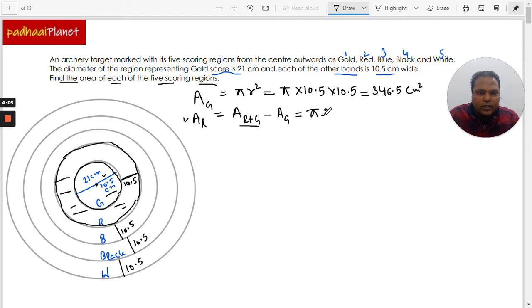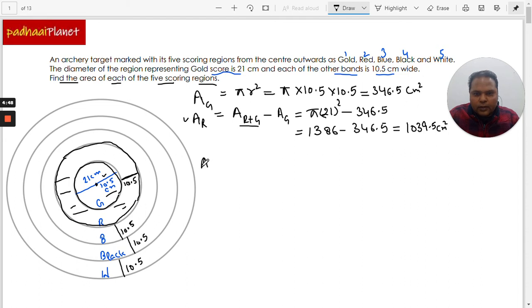So this is 21 whole square, minus the area of the gold, which we have already calculated as 346.5. Further doing the calculation with the value of pi, we get 1386 minus 346.5, which equals 1039.5 square centimeters. So this is how we have calculated this.